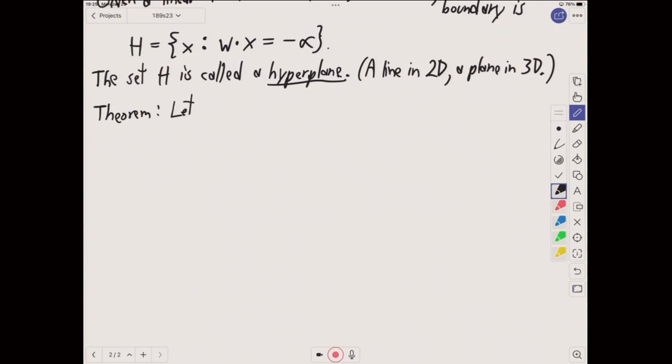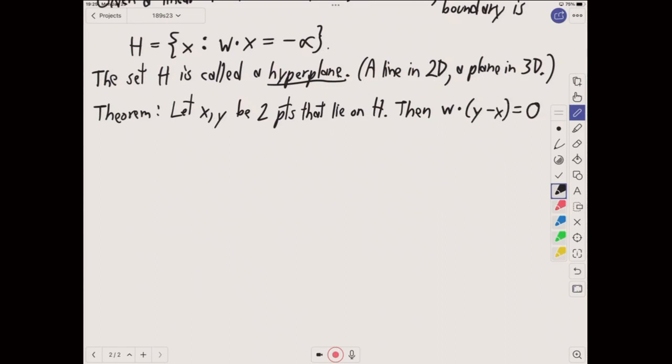All right, so one thing that's really easy to show is that if you have 2 points, x and y, that both lie on a hyperplane H with the formula above, then the vector w that defines that plane is at a right angle with y minus x.